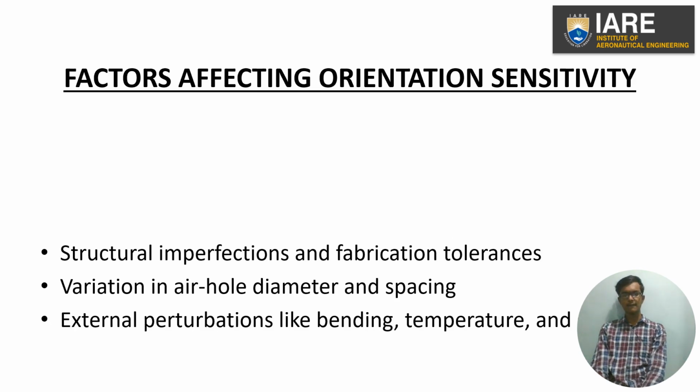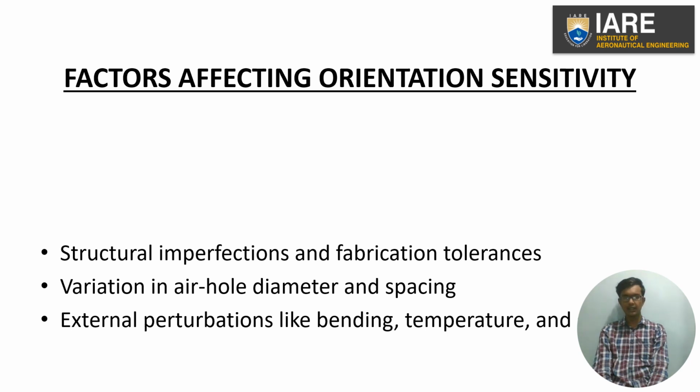Now I would like to discuss the factors affecting orientation sensitivity. Structural imperfections and fabrication tolerances occur a lot. Variation in the air hole diameter and spacing between the arrangement of particles occurs a lot, which impacts the existence of the substance.